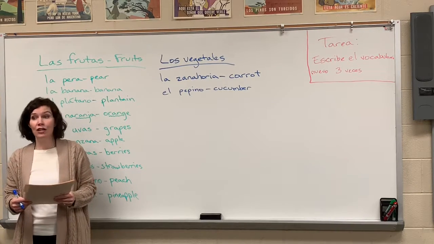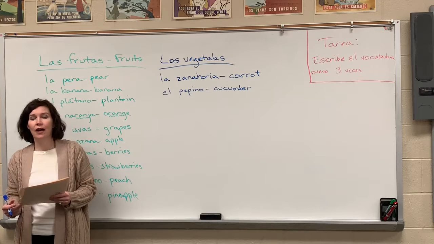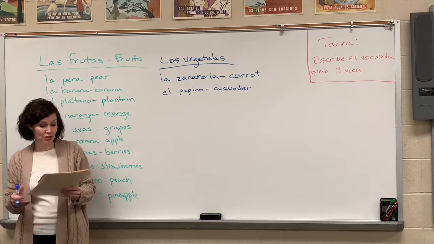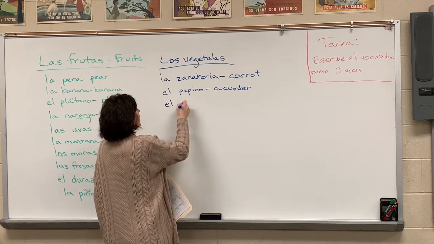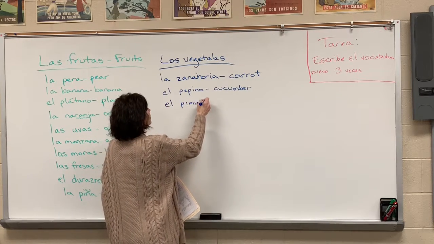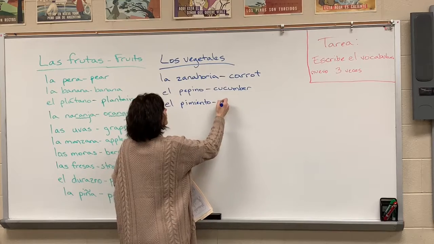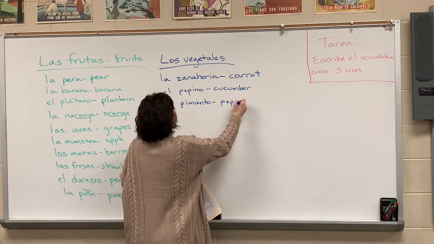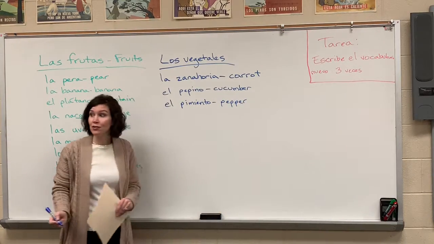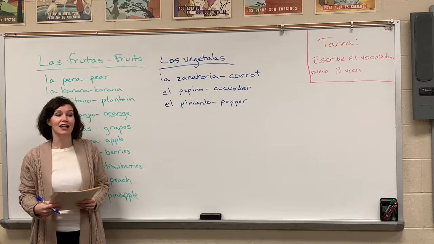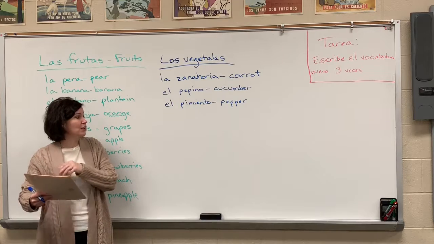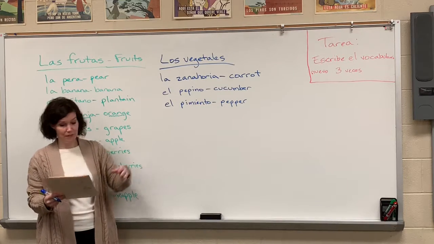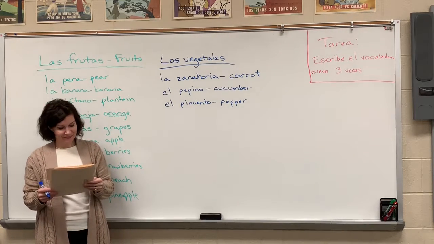Another one that's very common in a lot of the Spanish-speaking countries, el pimiento, which is pepper. El pimiento. Has anyone noticed that they like their hot peppers especially? Like in Mexico and in some of the South American and Central American countries, pimiento, pepper. Yeah, we put it in a lot of foods.